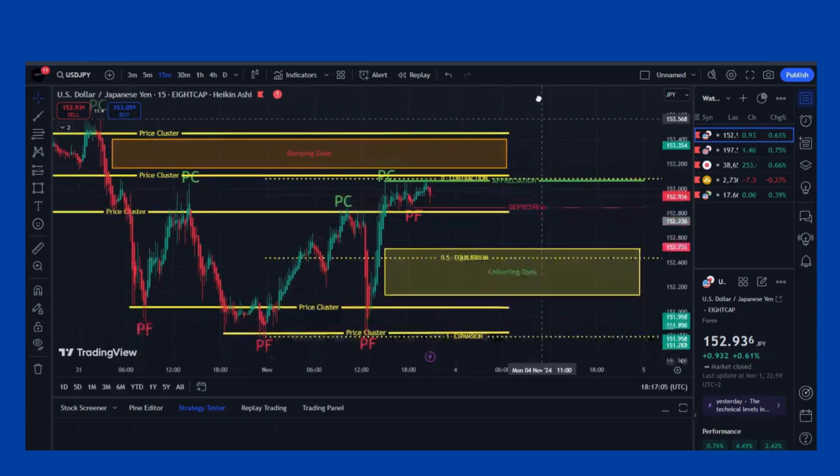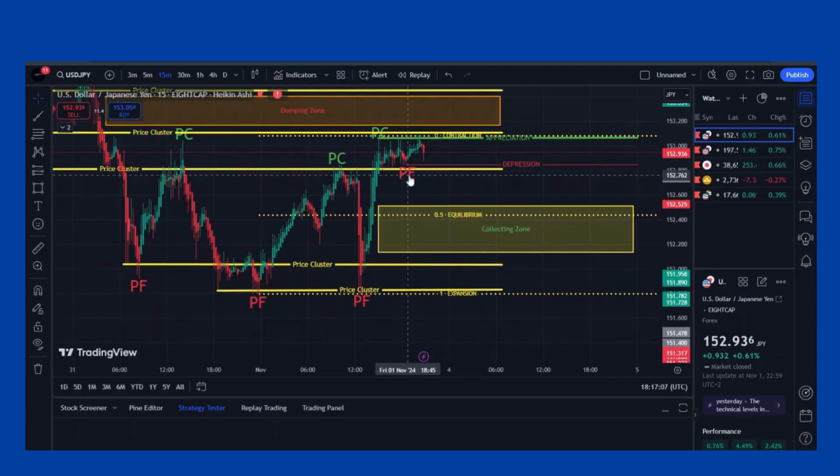But however, if it carries on with the downward momentum, then I'll be looking for the depreciation level to be broken down. And I think with rate cuts, this is definitely going to play out.